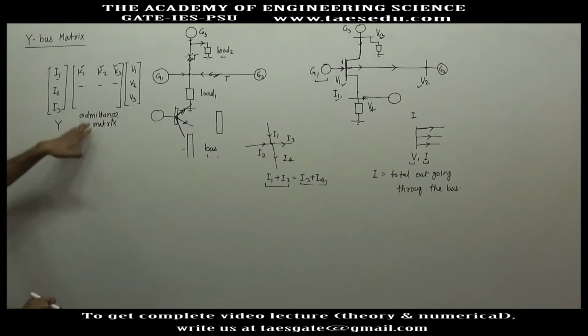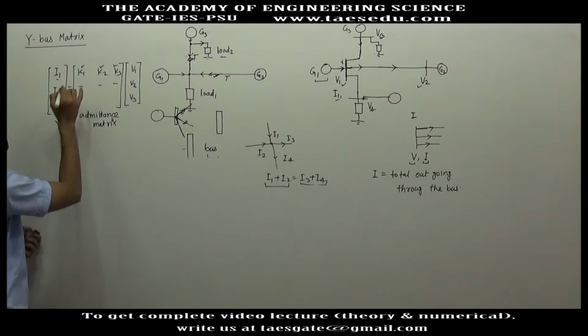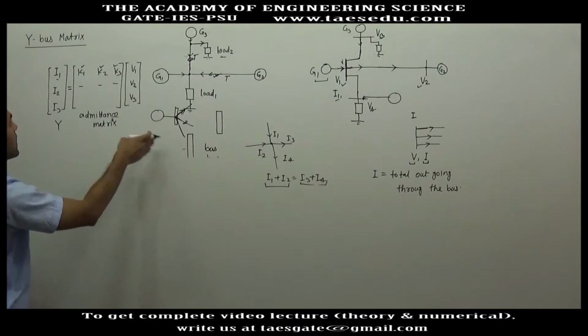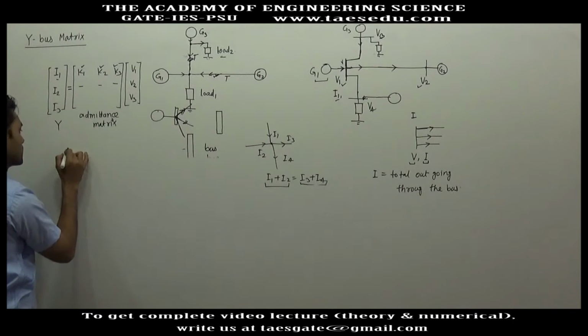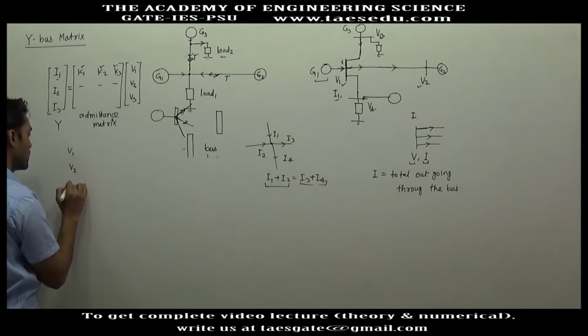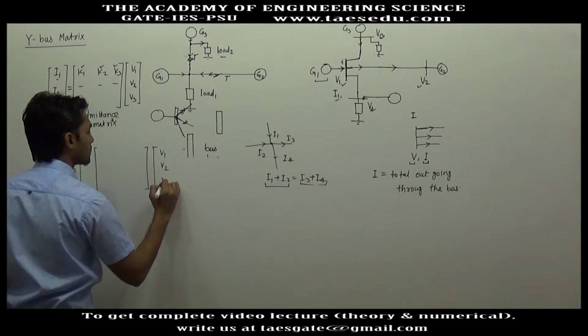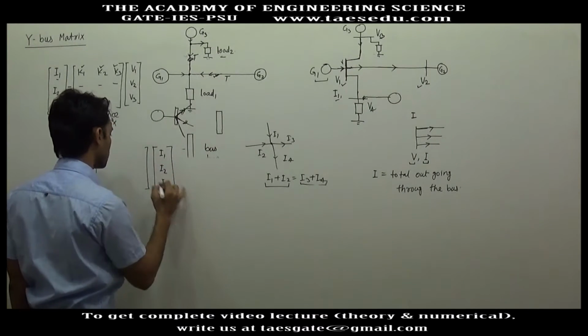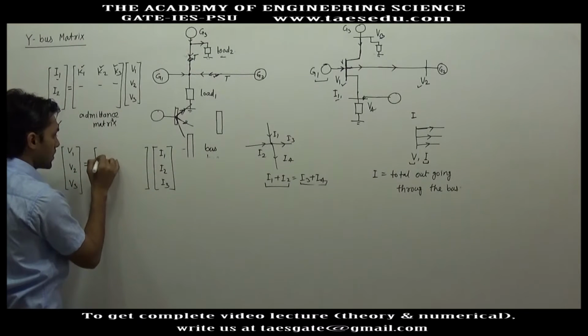And similarly, V1, V2, V3 can also be represented as a function of I1, I2, I3. And here you may have constants.